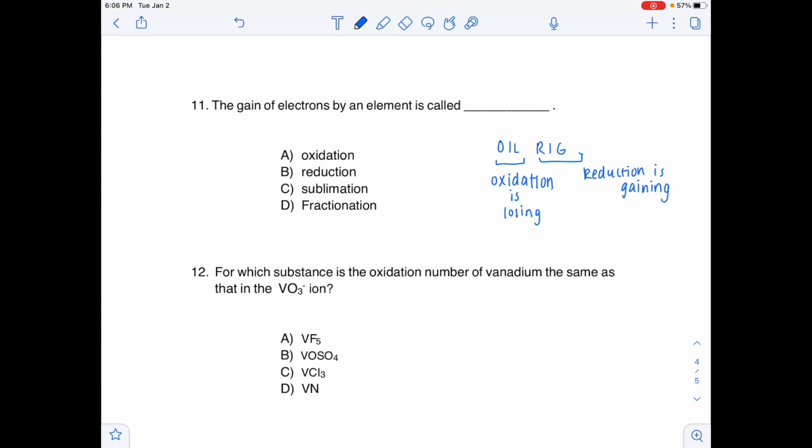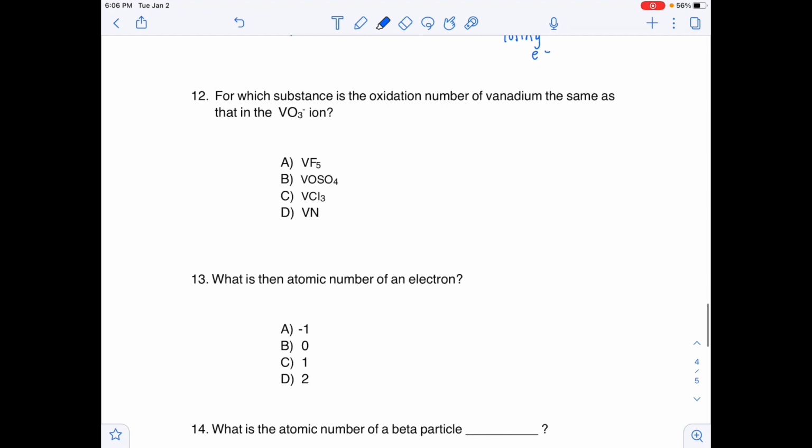And what is meant by gaining and losing is they're gaining and losing electrons. So when we go back to the question, the gain of electrons by an element is called reduction. So B is the correct answer.